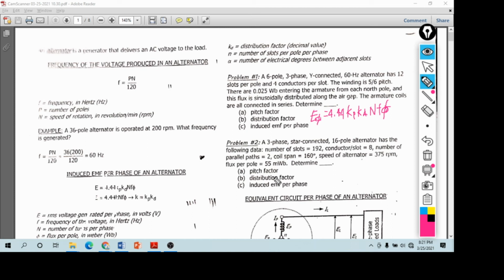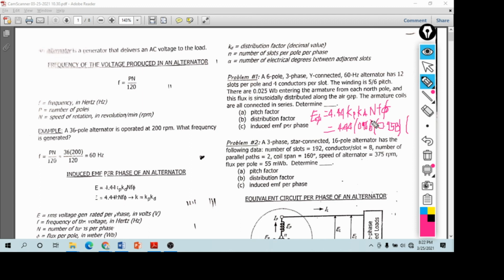So to substitute: 4.44, KP is 0.966, and KD is equal to 0.958. And then N, turns per phase.